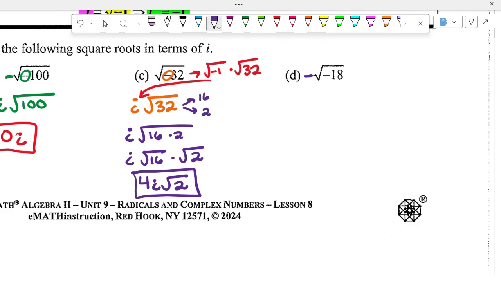So guys, just remember, once you take the i out, the negative under the radical is gone. It doesn't exist anymore.